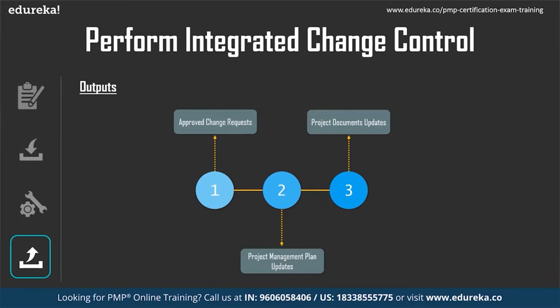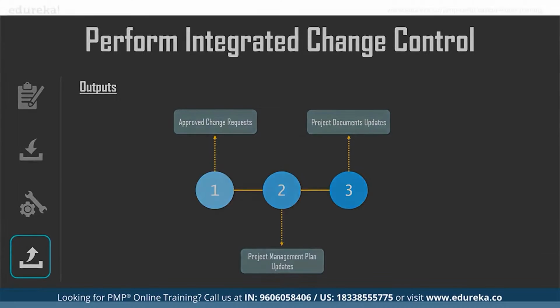If you recall, approved change request was an input to direct and manage project work. Once it is approved, implementation has to happen. That is the reason approved change requests go back to the execution process group, direct and manage project work, and then execution happens and implementation of the change happens.